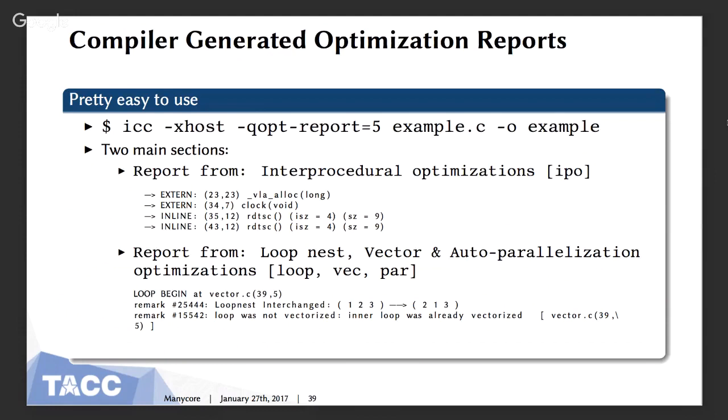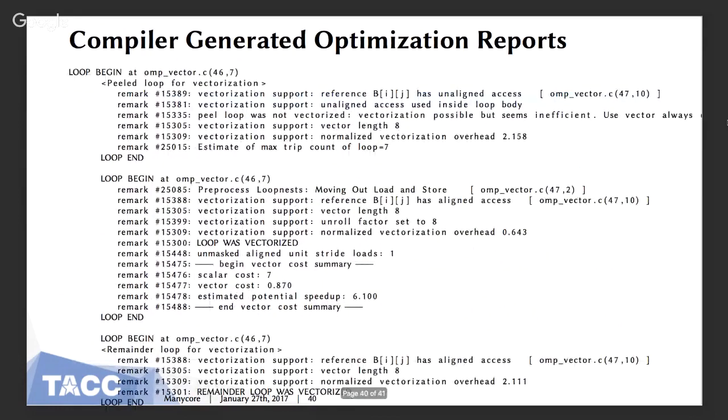So for example, it's interchanged loops 1 and 2, or this is loop 1 originally. And then it'll give me a message, this loop wasn't vectorized because it's not an inner loop, basically. Then it'll dump all kinds of vectorization information.